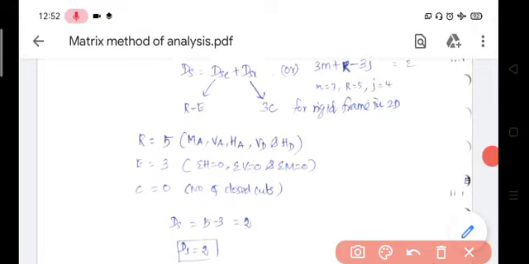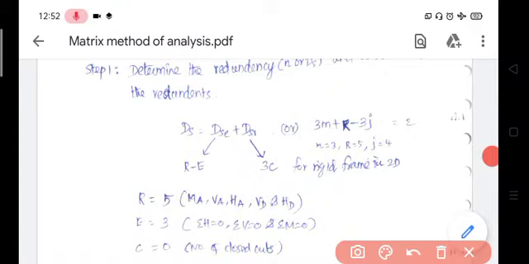Available equilibrium equations are 3, since it is a 2-dimensional system: summation of H equals 0, summation of V equals 0, and summation of M equals 0. In this single bay portal frame there are no closed cuts. Therefore, the static indeterminacy is 5 minus 3, equal to 2.